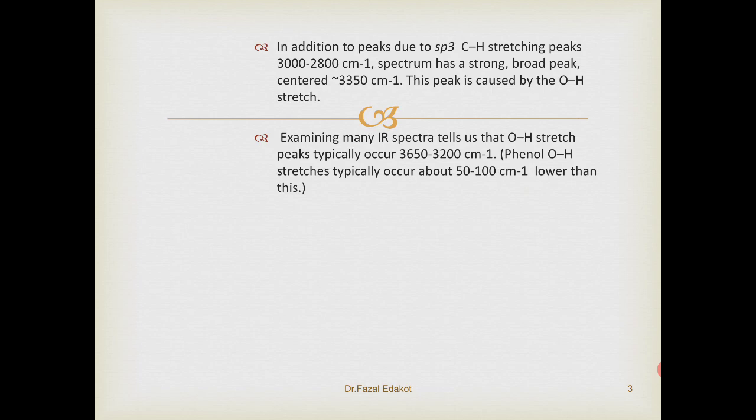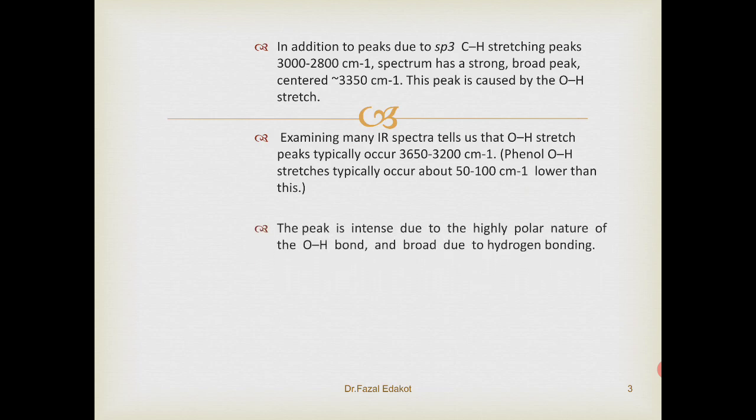Phenol stretches typically occur 50 to 100 per centimeter, maybe lower than this. The peak is intense. Why is the peak intense? The peak is intense due to the highly polar nature of the OH bond. Strength is due to polarity, and the broadness of the peak is due to hydrogen bonding. You need to note that point.